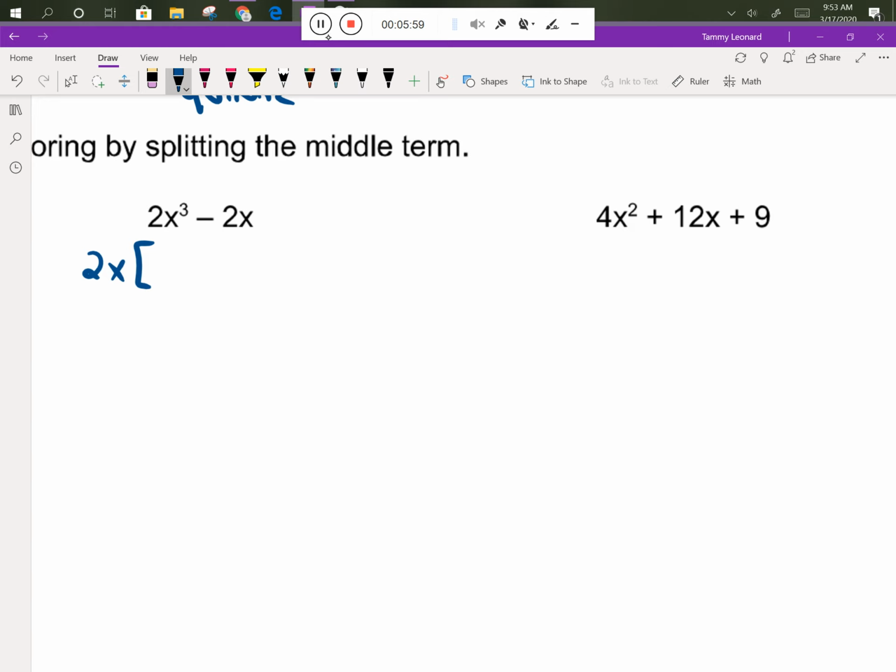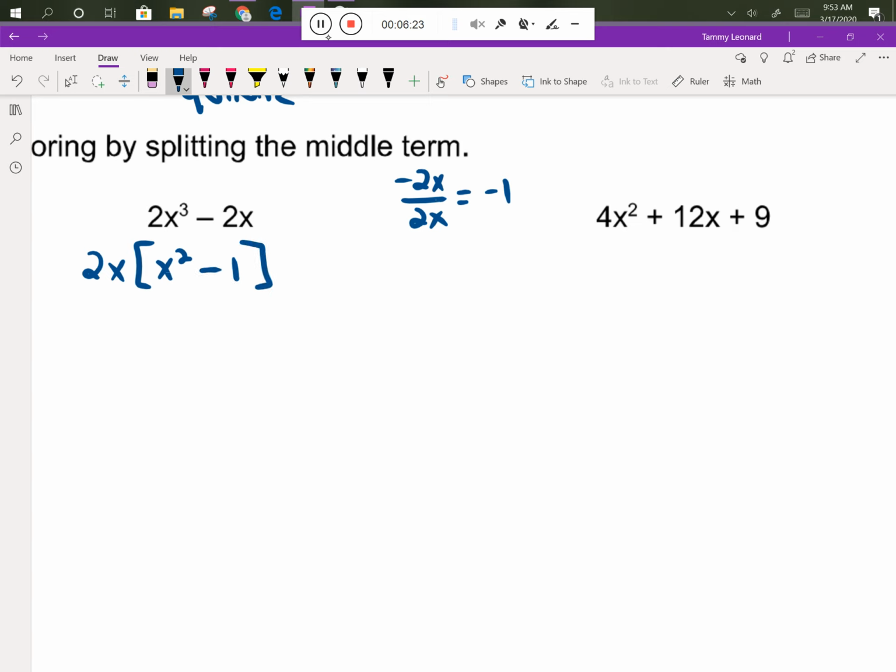Well, 2x cubed divided by 2x would leave me with an x squared. Now be careful here. Negative 2x divided by 2x isn't nothing. It's negative 1, right? Because x divided by x is 1, and negative 2 divided by 2 is negative 1. So this leaves a negative 1 inside.